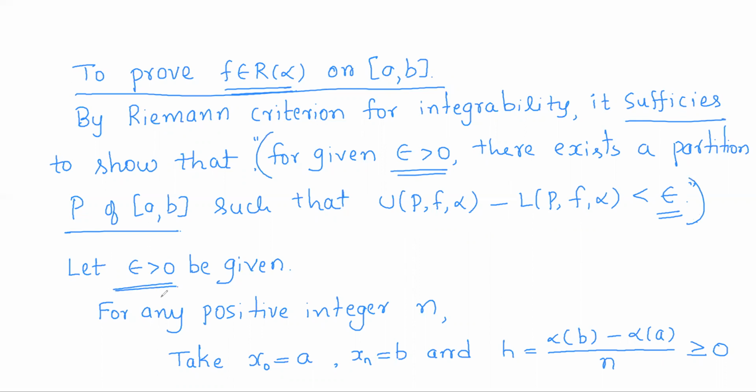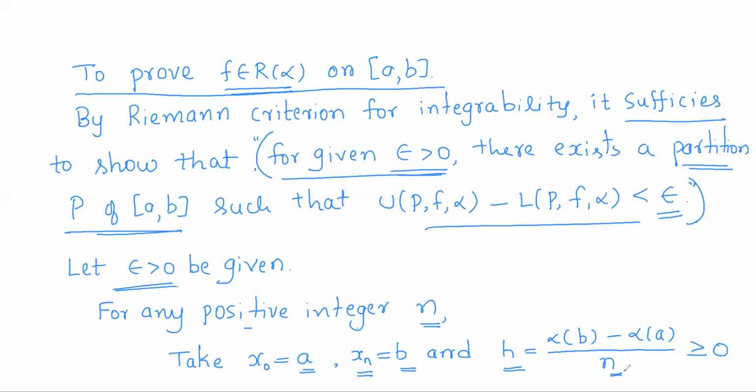So start with an epsilon: let epsilon greater than 0 be given. Now we shall construct a partition. For a given epsilon, we have to show the existence of a partition P with this property. For any positive integer n, define x0 to be the first point a of the closed interval [a, b], and xn to be the last point b, and define h to be (alpha of b minus alpha of a) divided by n, where n is any positive integer.